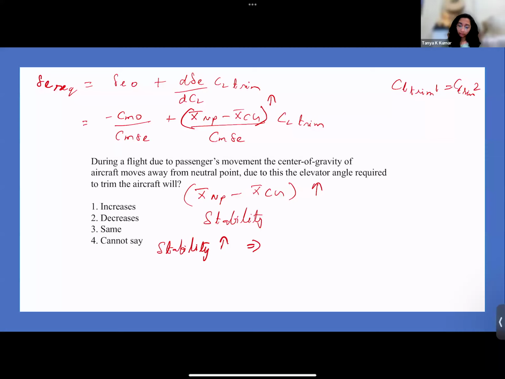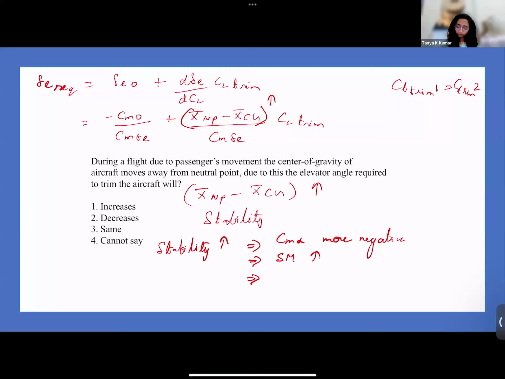Okay. So the first case is when CM alpha becomes more negative. If CM alpha becomes more negative, aircraft stability is increased. Next. Static margin increases. If static margin increases, stability increases. Next.